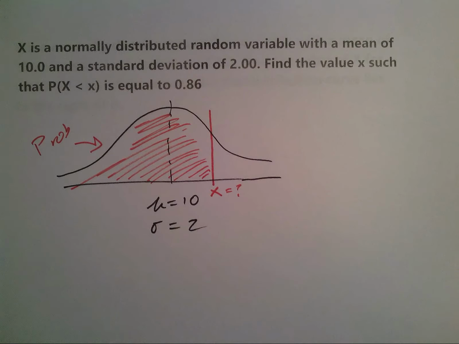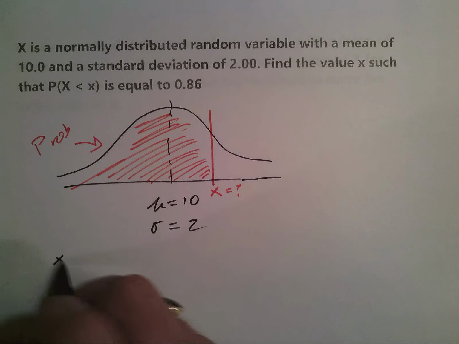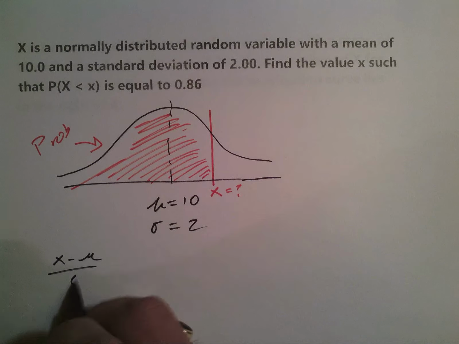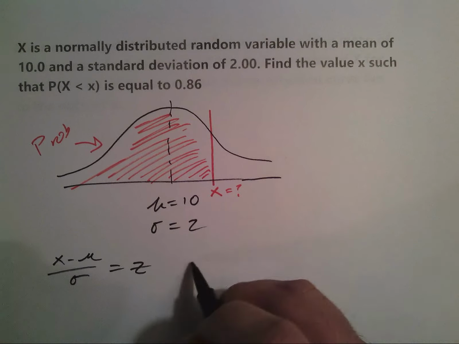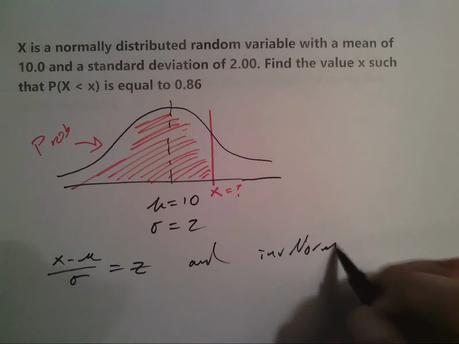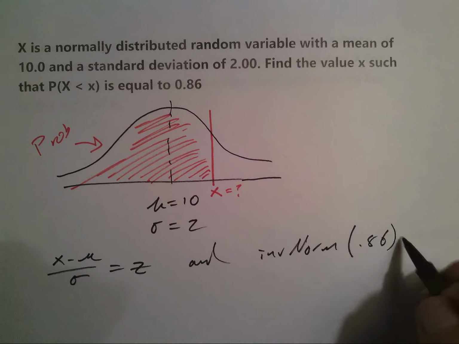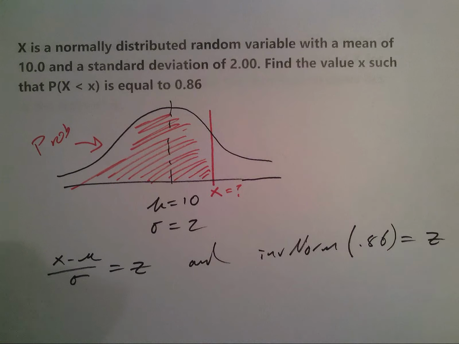So just like in the last homework problem, if you watched that one, the 6.1 homework question number 1, we're just going to jot down the pieces of information we have. We know that x minus mu over sigma is equal to z, and we know that inverse norm of our probability, 0.86, will equal our z value.